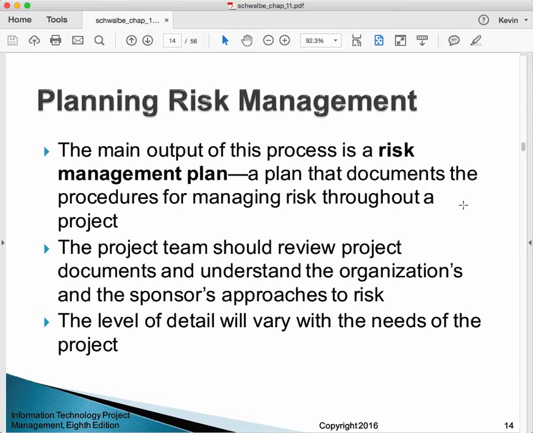The team should review the project documents and understand the organization and the sponsor's approaches to risk. And I can't emphasize this enough. I talked about this a couple of minutes ago. The project manager's approach to risk is interesting, okay? I think you have to know what your approach to risk is. I think that professionally you owe it to your sponsors to really act on their approach to risk.